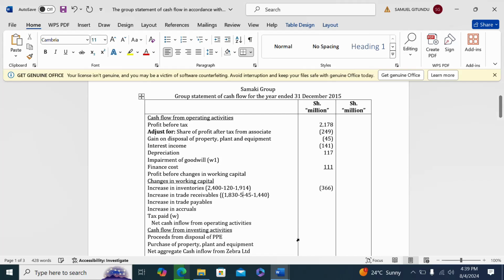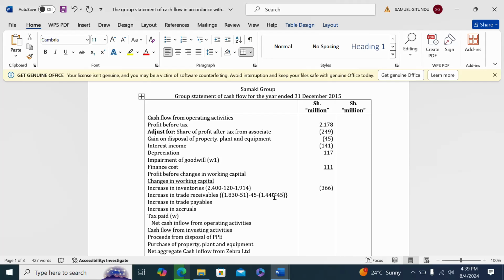So here I deduct 51 million, and from this one I deduct 45 million.